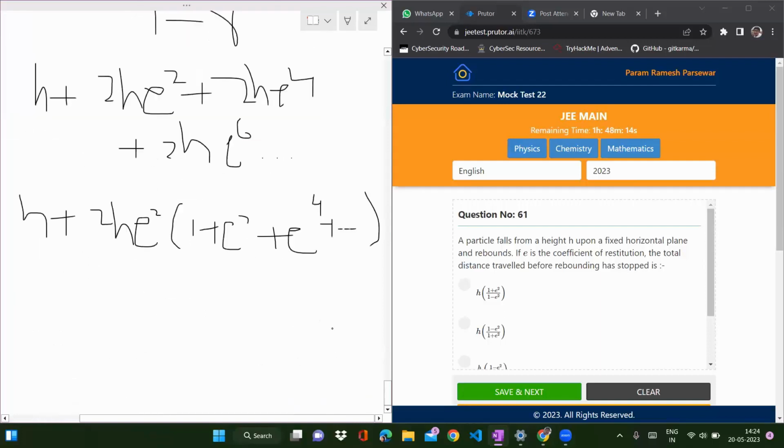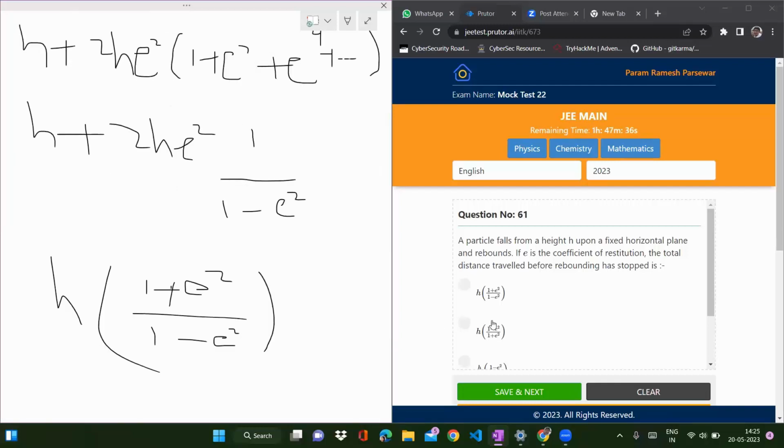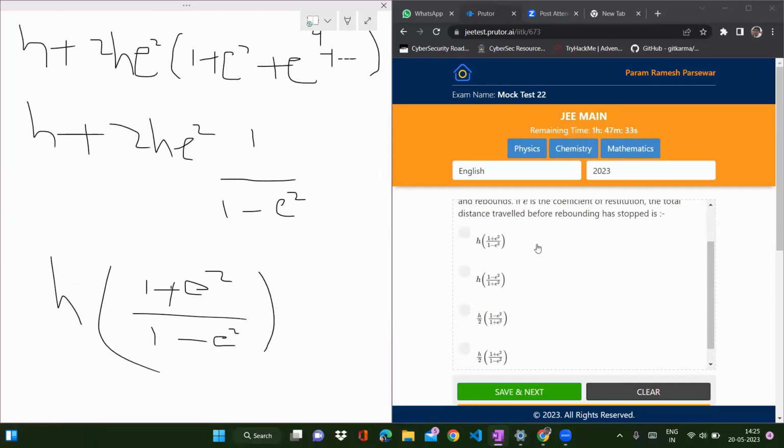We solve this by the formula of infinite GP: 2h e square into 1 by 1 minus e square. If you simplify this expression, it comes out to be h into 1 plus e square by 1 minus e square. So the answer is the first option, which is h times 1 plus e square over 1 minus e square.